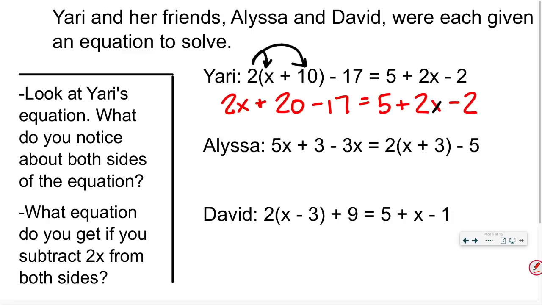This may signal something to you, but there's a few options here that we need to explore. How can I simplify this further? Okay. 20 minus 17. Good, I can combine these like terms, 20 minus 17 is plus 3. And how about on the other side?